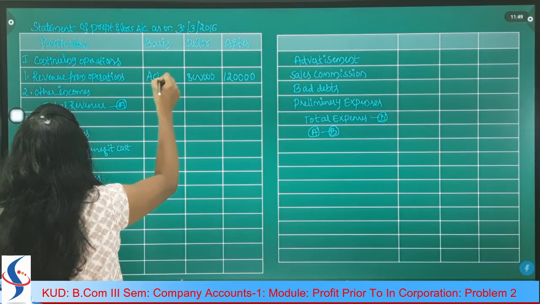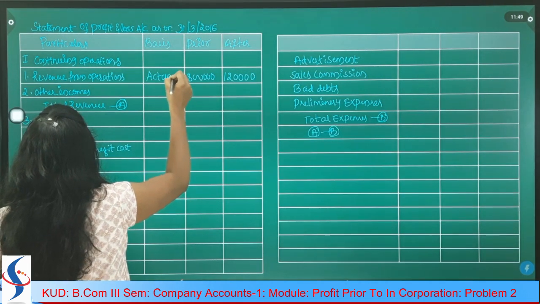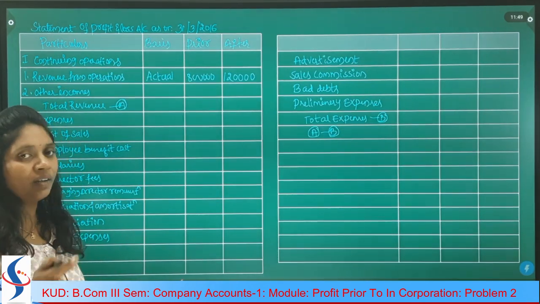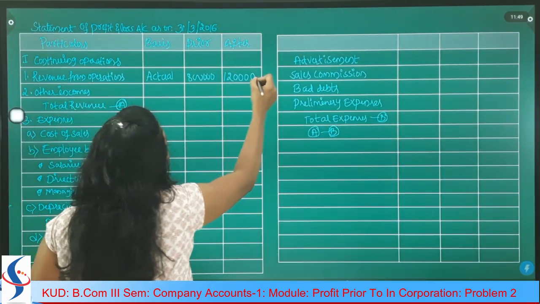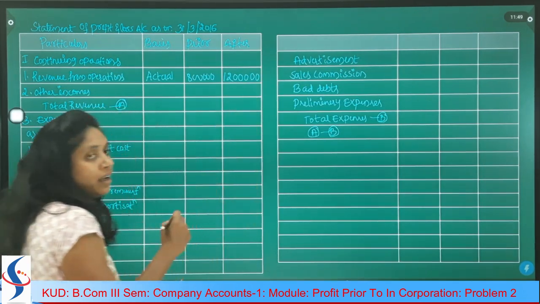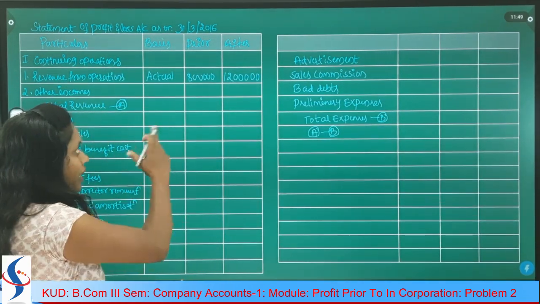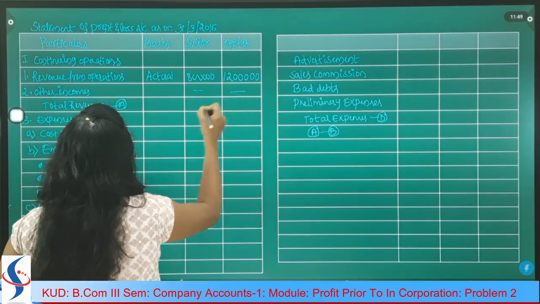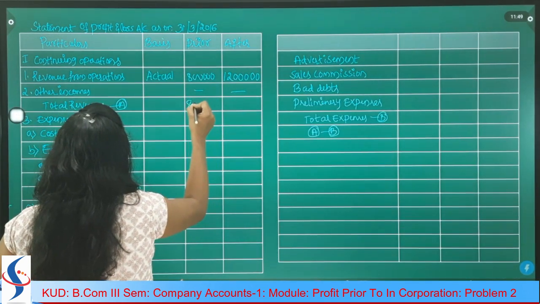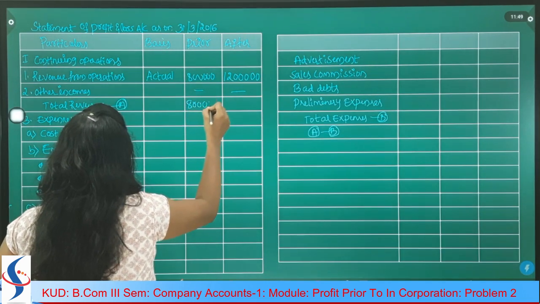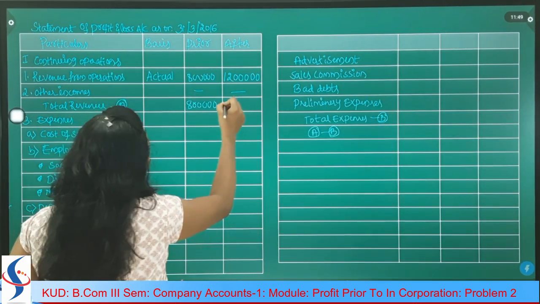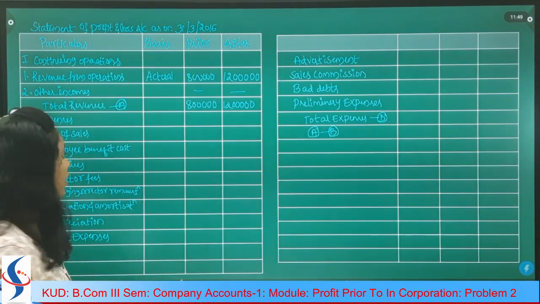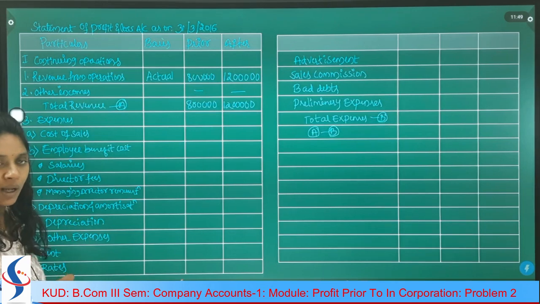We did not use anything to divide sales. They have given some information. Using that information we divided the entire 20 lakh into 8 lakh and 12 lakh. Prior period is 8 lakh and after period is 12 lakh. And other incomes, no other income is given. Then total revenue for the prior period is 8 lakh and the after period is 12 lakh. So let us move on to expenses one by one.